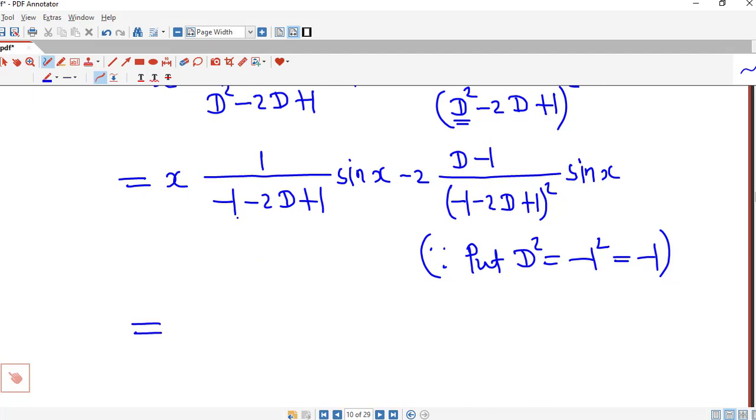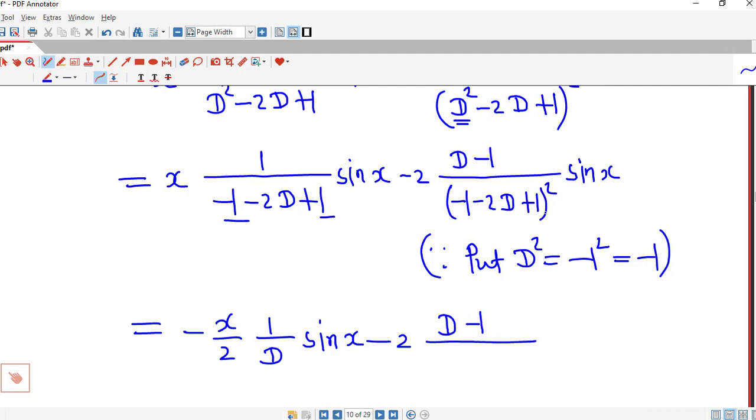Now we simplify this. You can see 1 minus 1 is 0, and we have minus x by 2. This is going to be minus 2D, that is multiplied with 1 over minus 2D into x. So we write minus x by 2, and 1 over D will be applied to sin x, minus 2 times D minus 1.